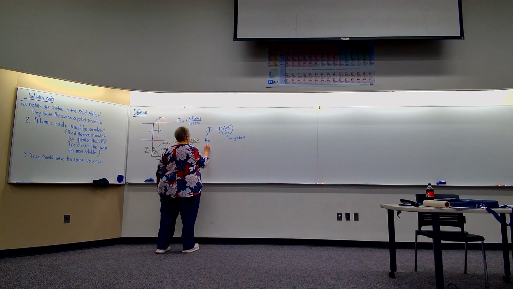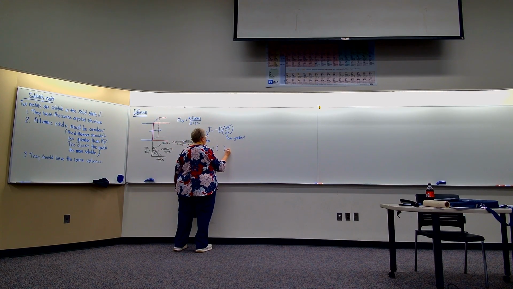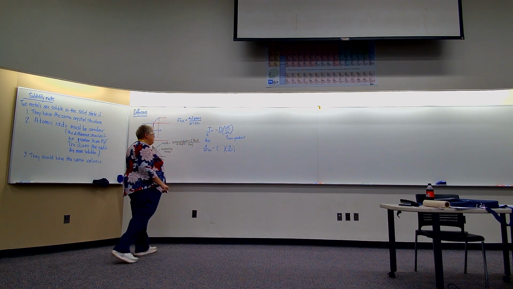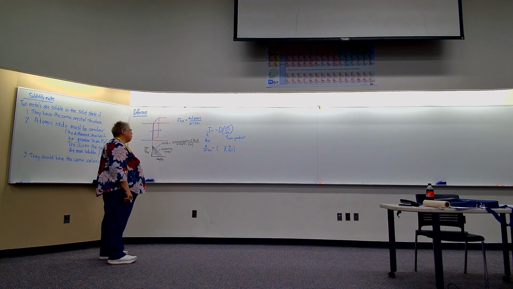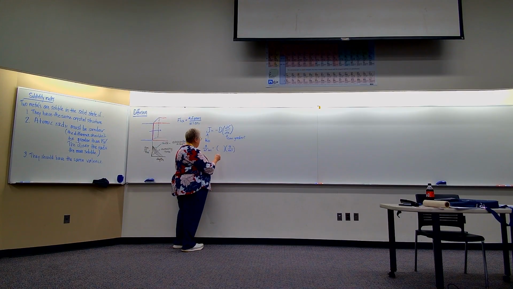So I've got grams per meter squared second on the left side of the equation, equals something times grams per meter to the fourth. That's the concentration gradient units. So the units of D, kind of bizarre, would be meters squared per second.